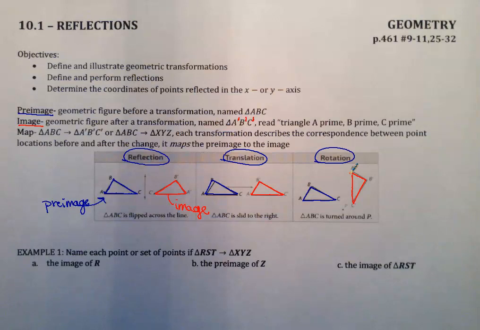Okay, good. All right, so then it says you might read the word map in there. Map is like where it says triangle ABC becomes triangle A prime, B prime, C prime. Or it could be triangle ABC becomes triangle XYZ. Each transformation describes a correspondence between point locations before and after the change. So it maps the pre-image to the image. What that means is A is still linked to A prime.